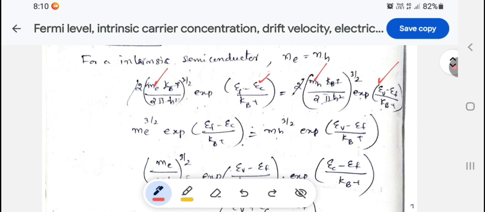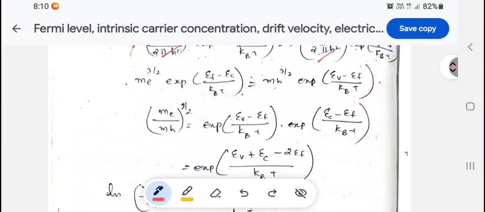By equating these two, cancel the equal terms on both sides. The 2 gets cancelled. Then kBT and 2 pi h cross square get cancelled. The remaining terms are Me raised to 3 by 2 exponential EF minus EC by kBT equal to MH raised to 3 by 2 exponential EV minus EF by kBT.